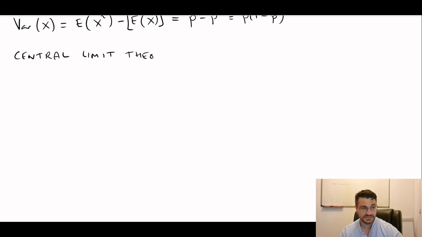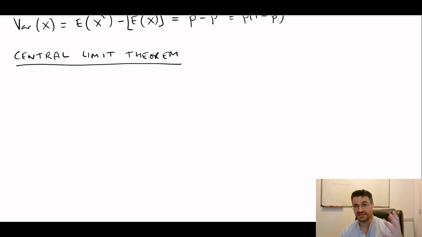When you come across, for example, the sample mean, x bar, when you do hypothesis testing for normal distributions, you'll be using effectively the central limit theorem in a very specific form. We need to use it in a slightly more general form here, though.